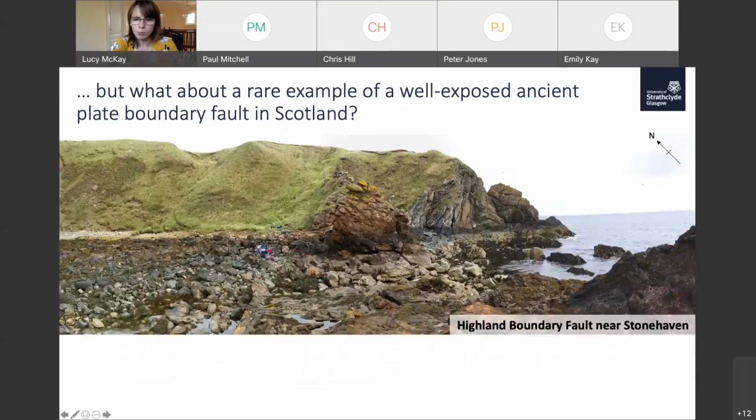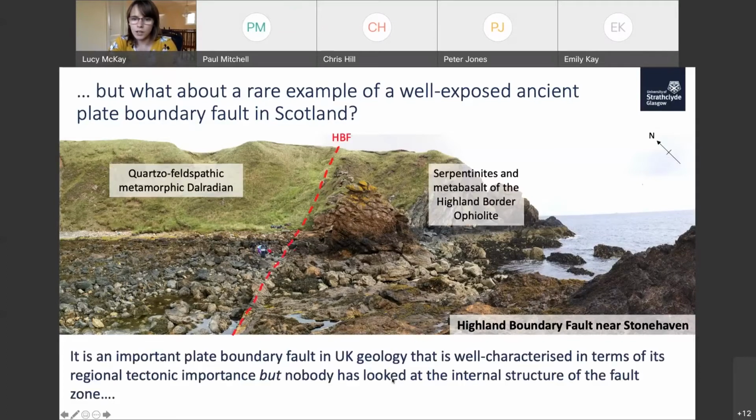So, all that said, what about the internal structure of an ancient plate boundary fault in Scotland? This is a picture of the Highland Boundary Fault going through Craigeven Bay in Stonehaven. And the Highland Boundary Fault, as many of you may be aware, has been the subject of many studies of regional tectonics. Comparable to the San Andreas fault, the fault separates two distinct terrains.